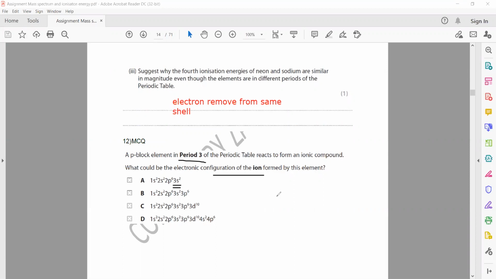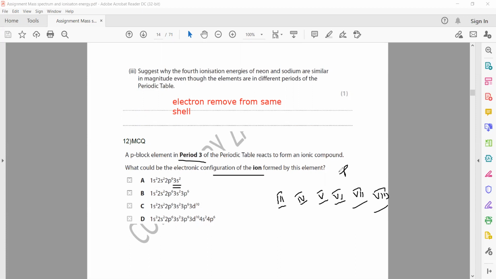So what are the p block elements? Group 3, group 4, group 5, group 6, group 7, and group 8. These are the p block elements. Group 3 is a metal, the rest, 4, 5, 6, are non-metals.